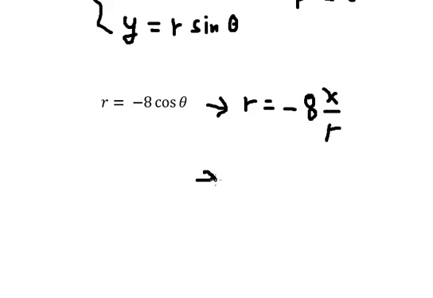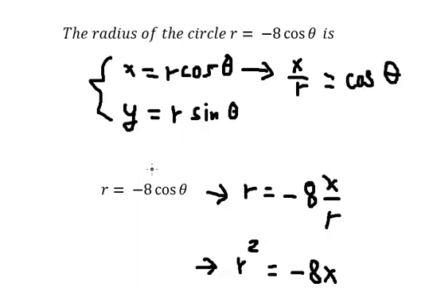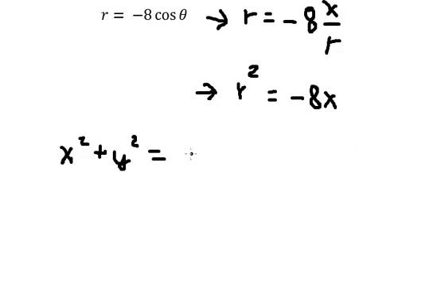Next, we multiply both sides by r and we have r squared. So we know that x squared plus y squared. We change x by this one, y by this one.